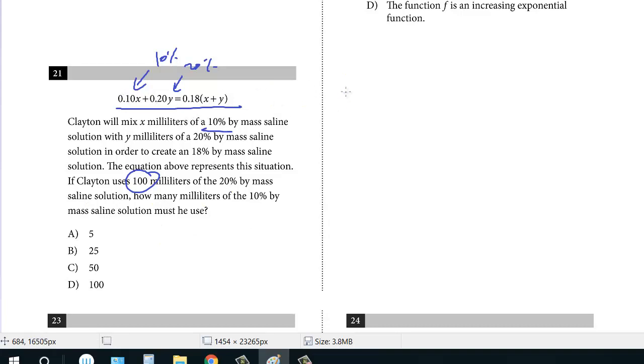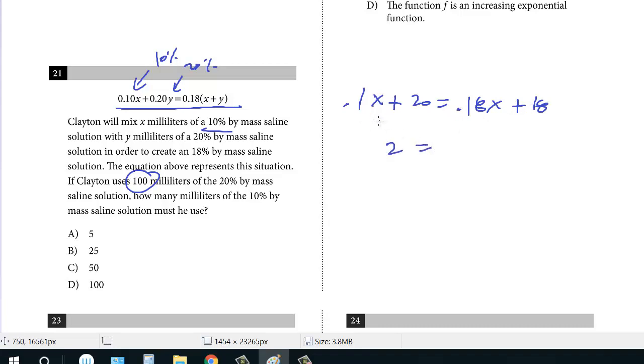So I'm just going to substitute 100 for Y, and so I have 0.1x plus 0.2 times 100 is 20, and you could use your calculator. We should be able to figure that out. And now we have to distribute, so that's going to be 0.1x equals 0.18x plus 100 times 0.18 is 18. And I will subtract 18 from both sides, so on this side I just have a 2.